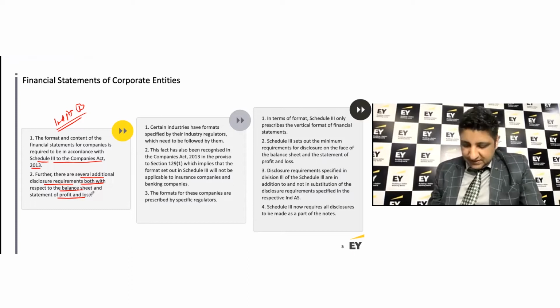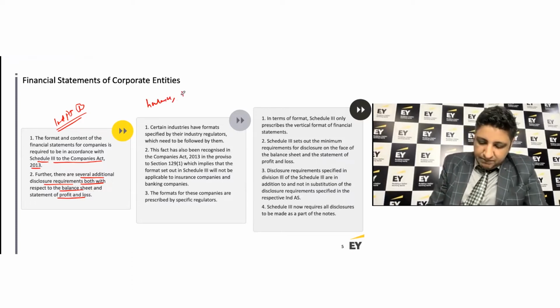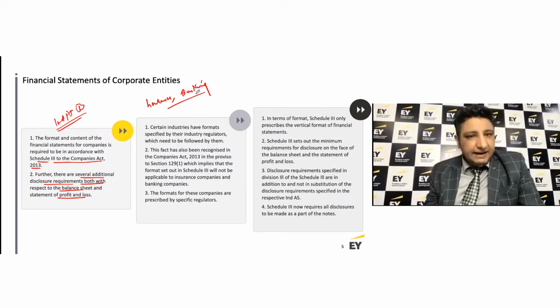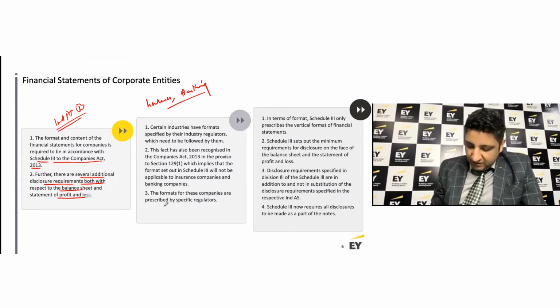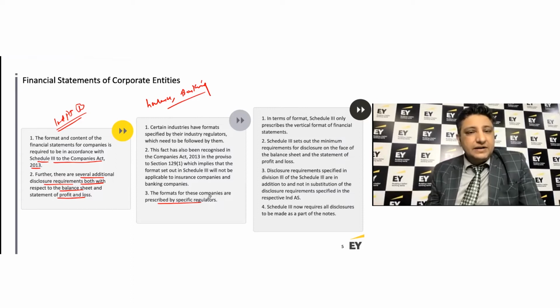Some industries like insurance business, banking business, right? These businesses would normally have certain formats. Could be a regulatory format. For example, in case of banking entities, it could be driven by the Reserve Bank of India. Or in case of insurance companies, there could be specific formats prescribed by the regulators, like IRDA, the Insurance Regulatory and Development Authority.